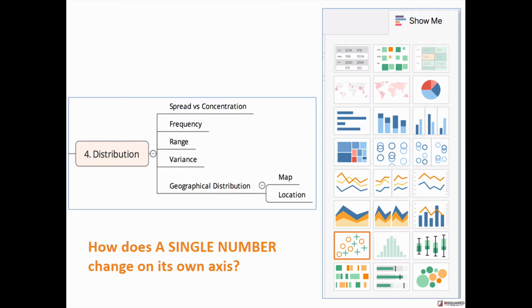So the idea was distribution is about how does a single number change on its own axis. So we took a green ruler of a single number and we tried to plot either the frequency bands, which leads to histogram, or we plot every data point on the whole axis, which gives us rise to this box plot or circle plot, right?